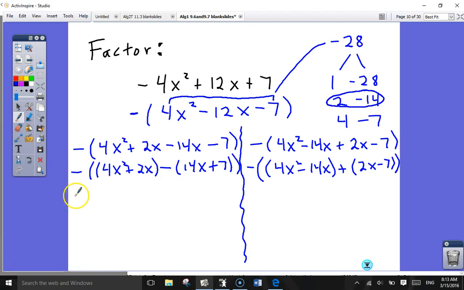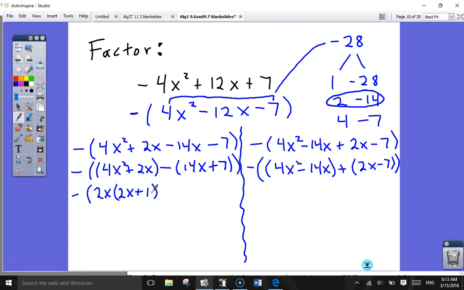So we're still carrying around this negative. What's the greatest common factor between 4x squared and 2x? 2x, right? They both have an x in them. And what's left in the parentheses if I take away 2x from both of those terms? 2x plus 1.